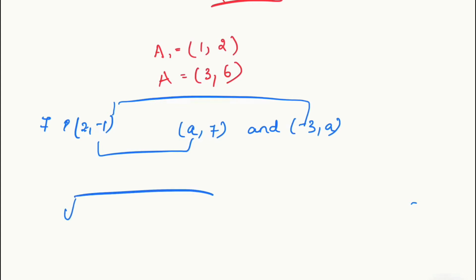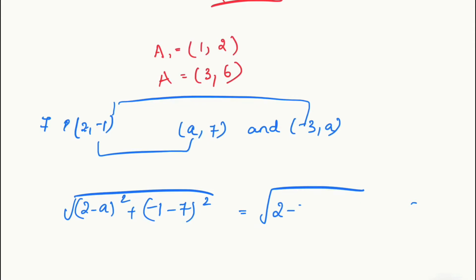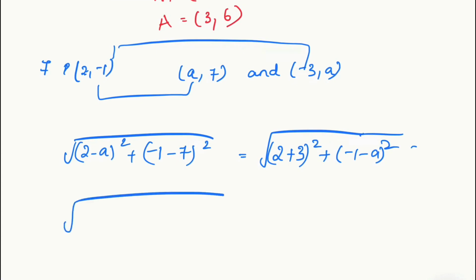So how do I write it? I can write this as (2 minus a) the whole square plus (minus 1 minus 7) the whole square equal to (2 minus of minus 3, that is 2 plus 3) the whole square plus (minus 1 minus a) the whole square.